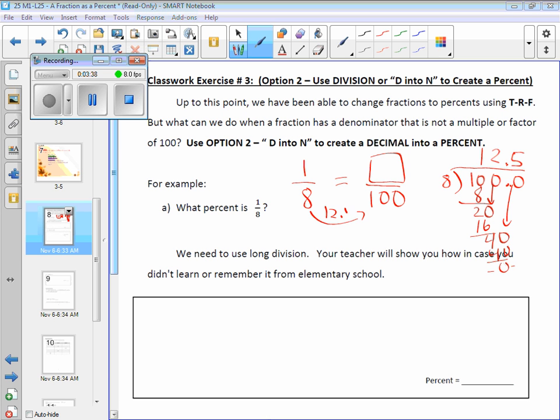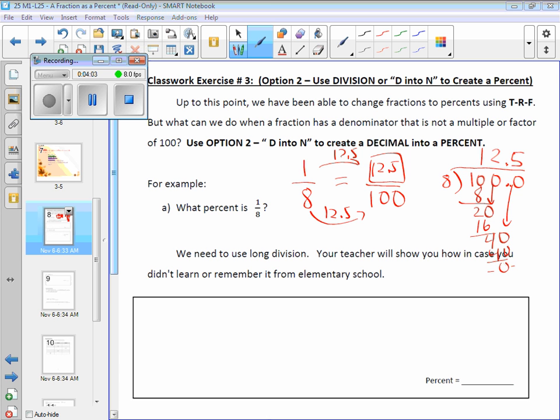Now we're lucky in that there's a 1 up top. So our constant in this case is the same as our numerator because we're multiplying it by 1, and what do you get? You get 12.5, which is your percent. What if this was 2/8? What would you do if this was 2/8?